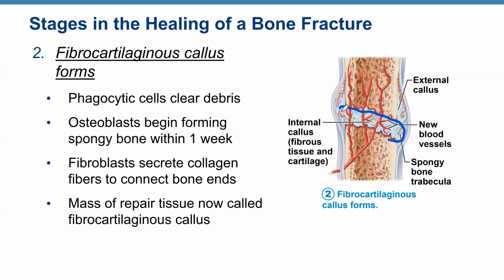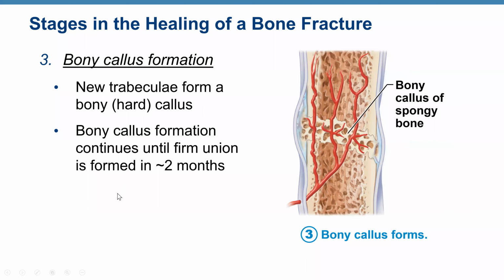So we have this callus over here, and we have external and internal callus that is made of fibrous tissue and cartilage, and some of the spongy bone. Then bony callus is formed.